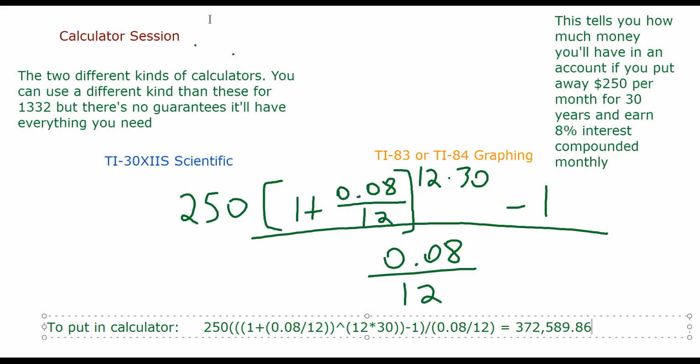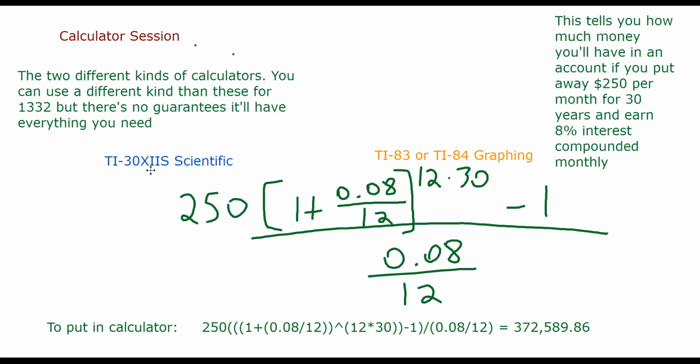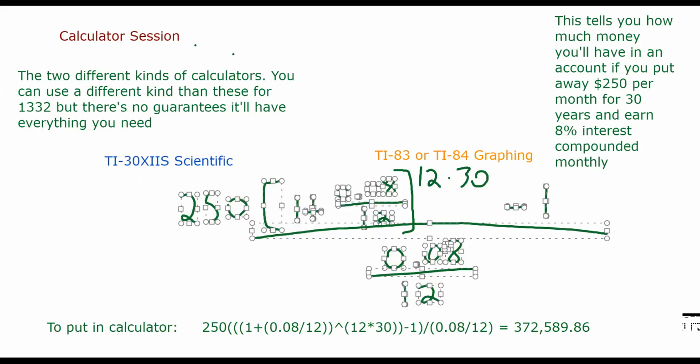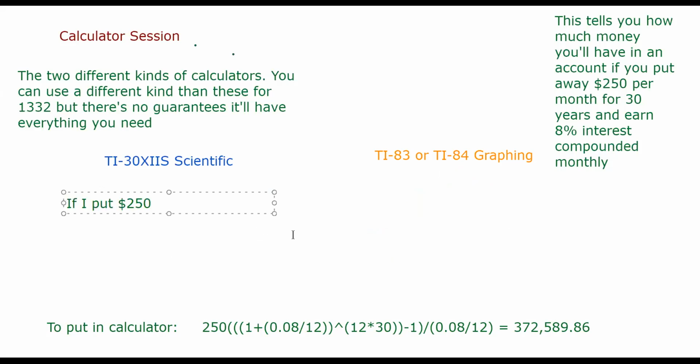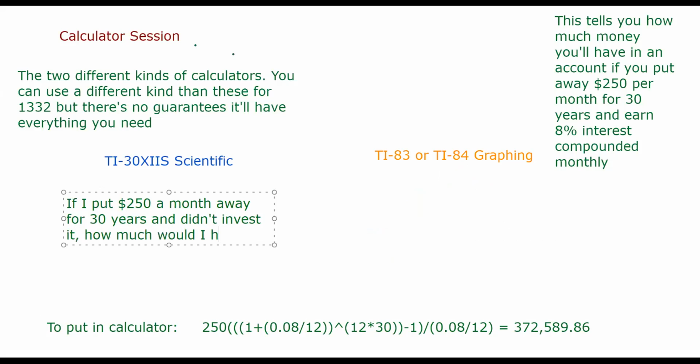If you're curious, we ended up with $370-something thousand. If I put $250 a month away for 30 years and didn't invest it, meaning you put it under your mattress, that's the old saying, meaning you're just leaving it in a stagnant bank account that's not earning any interest, it's just sitting there, how much would I have?